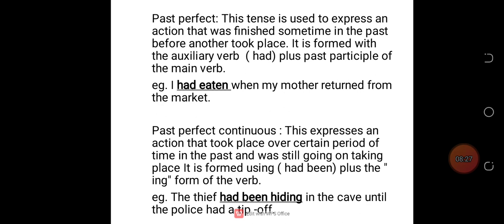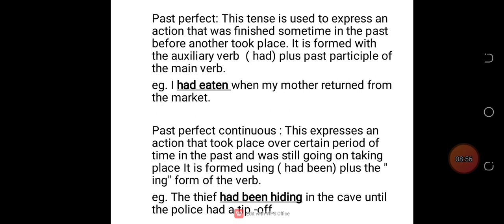It is formed using had been plus the ing form of the verb.